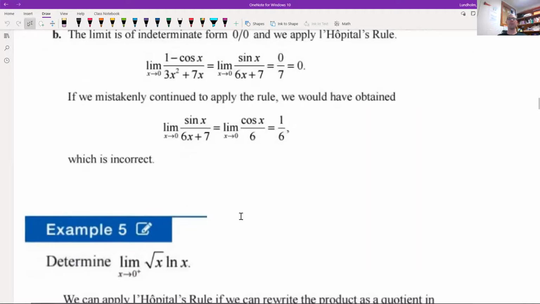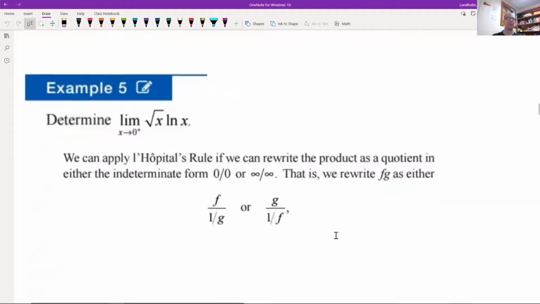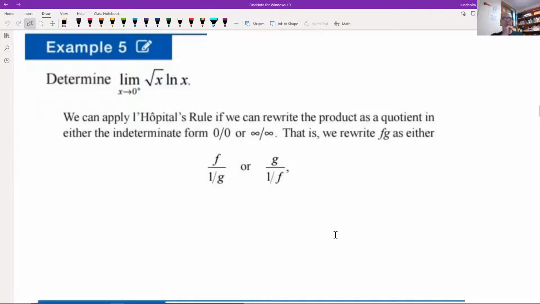Moving on to example 5. Ooh, this doesn't look like an L'Hopital's rule problem. There's no fraction. Well, let's take a look at this. If we're approaching 0 from the right, let's think about what each of these functions would approach.